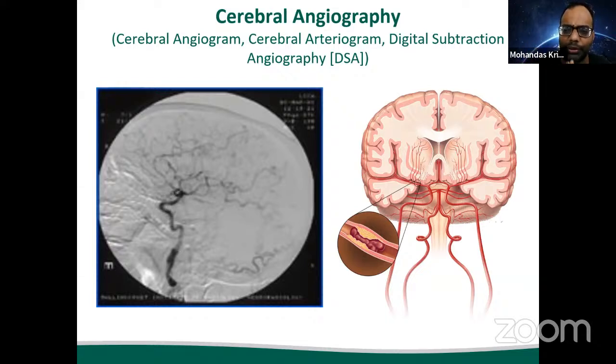You can have a full clear picture of the aneurysm. Here you can see the DSA image. These are the images of the angiogram, and here you can see the aneurysms. An aneurysm is a bulging of the artery, right?